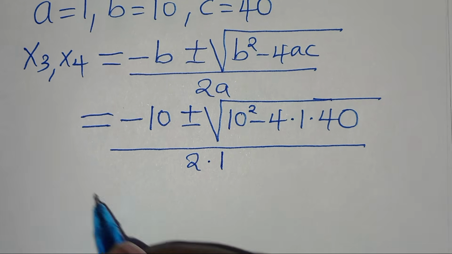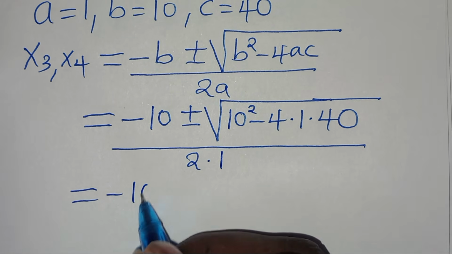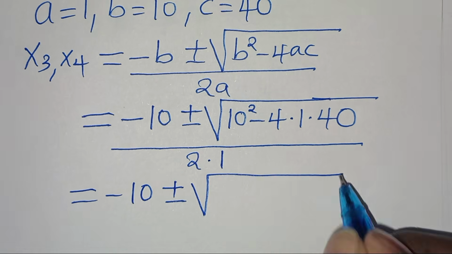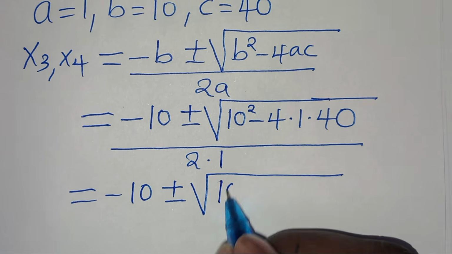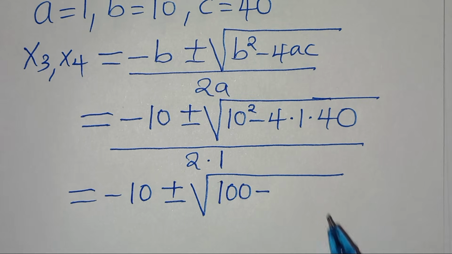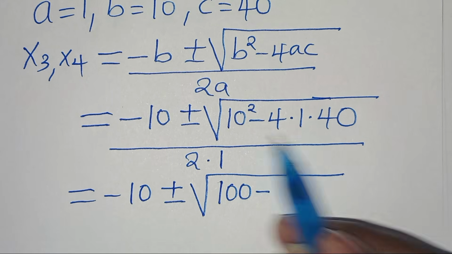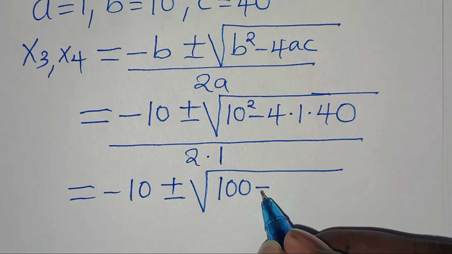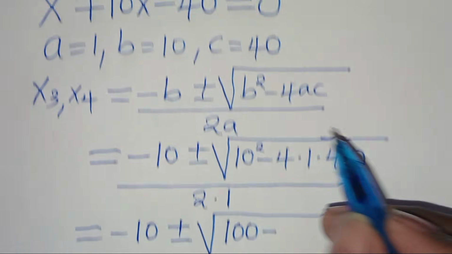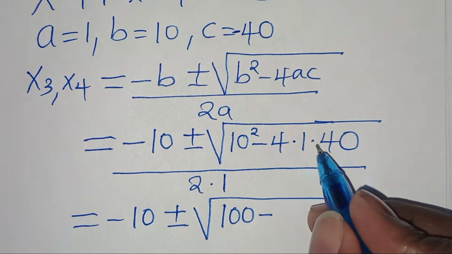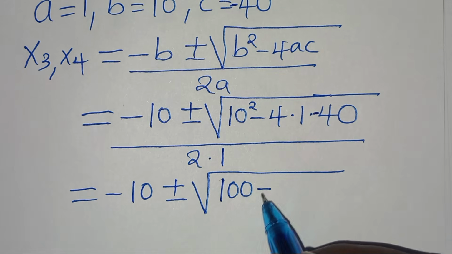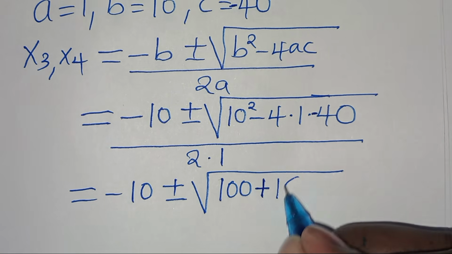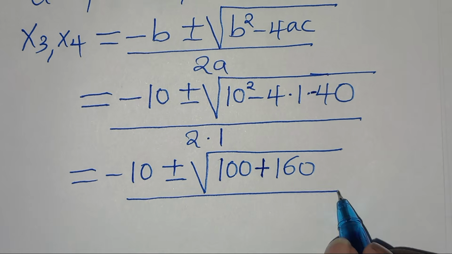And this implies that we have minus 10 plus or minus, we have the square root of 10 squared, this is 100, minus, we have 40 times 4, now this is minus 40 here, so minus times minus, this is plus, 4 times 40, this is equal to 160, everything here divided by 2.